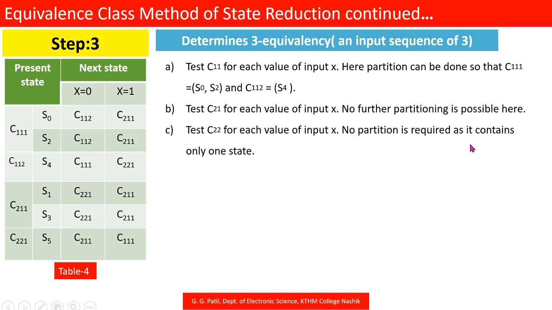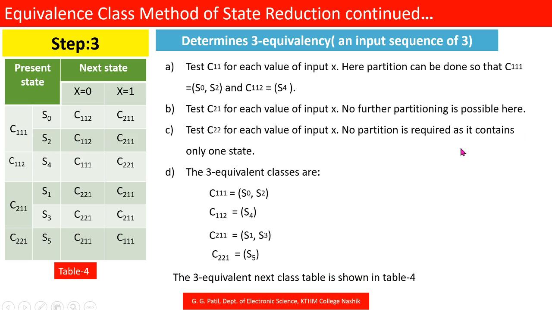No partition is required as it contains only one state. So after doing the complete partition, the classes are like this: S0 and S2 come under the same group named C111, S4 is C112, S1 and S3 belong to C211, and S5 is C221.